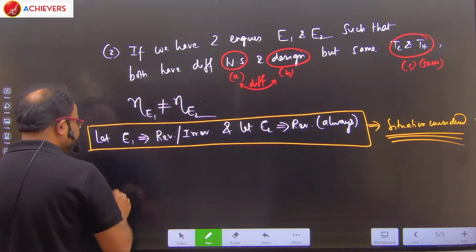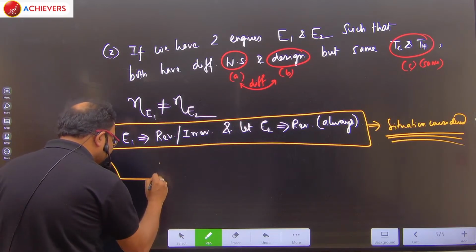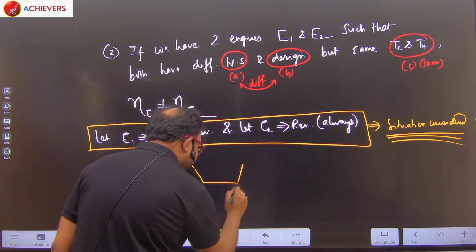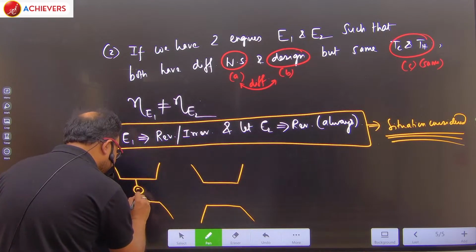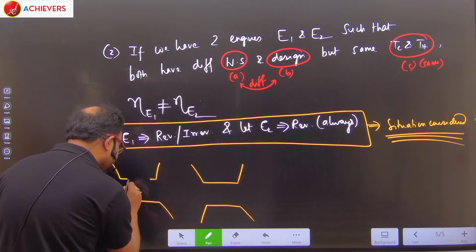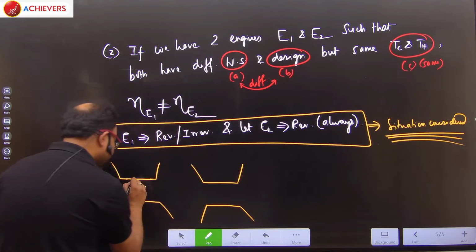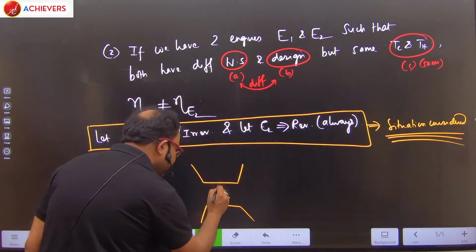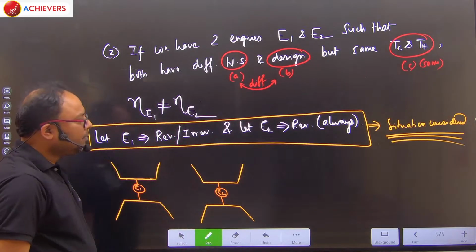You see, if we draw the diagram of E1 and the diagram of E2 like this, then this is E1 and this is E2. What do you have?